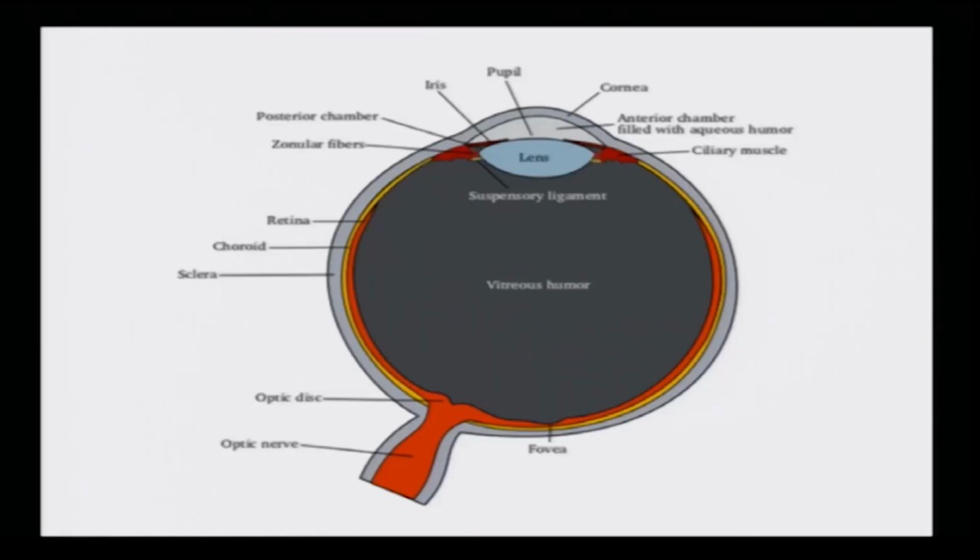This is the overall structure, which I have already discussed. The structure of the eye: the cornea, the lens, and here you have the retina, and here the vitreous humor. The light travels all the way through. I have already told you there could be corneal blindness, where if somebody has donated an eye, it is the cornea which is taken out from a deceased individual and implanted into another individual.